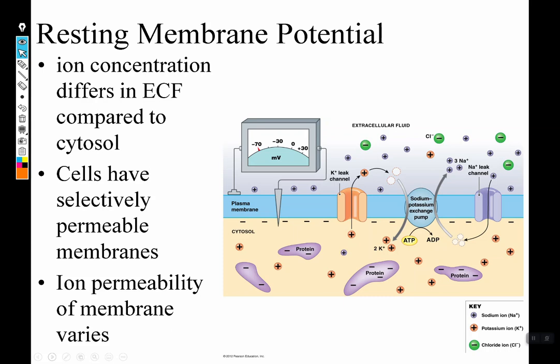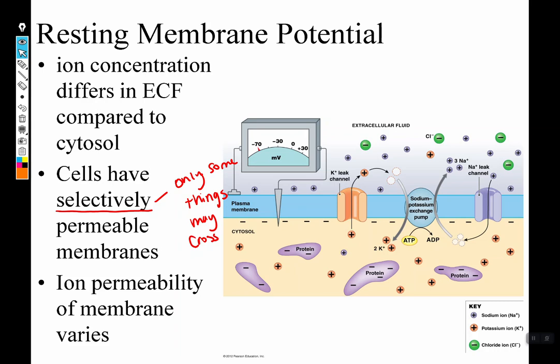And then the other thing that I haven't quite addressed yet is, how do you get the cell to a place where it has that membrane potential? Well, we have to remember that cells are selectively permeable, meaning that they do let things across, but only some things. And the cell also controls in which direction it crosses.